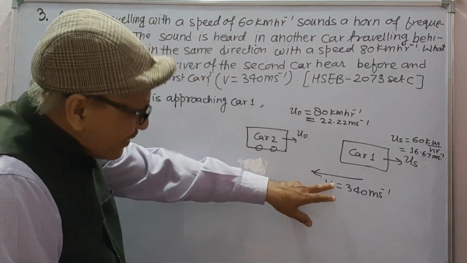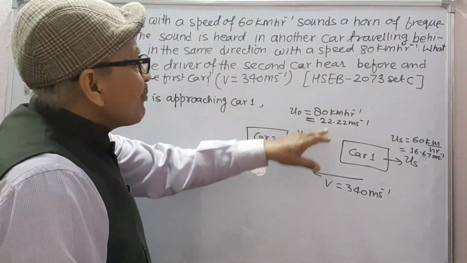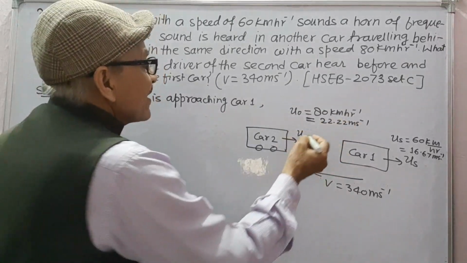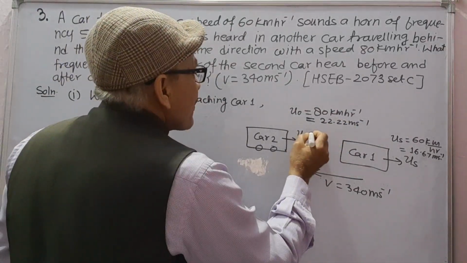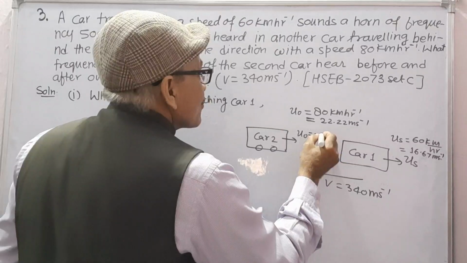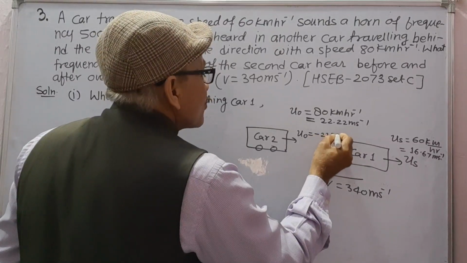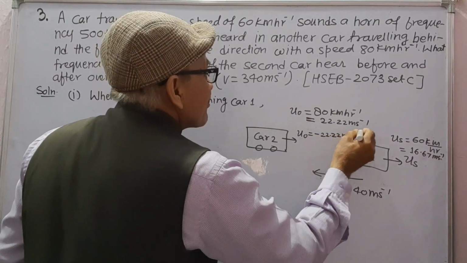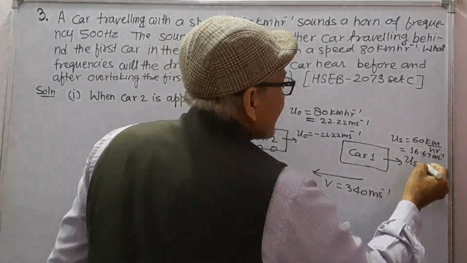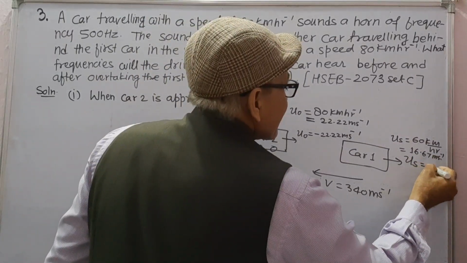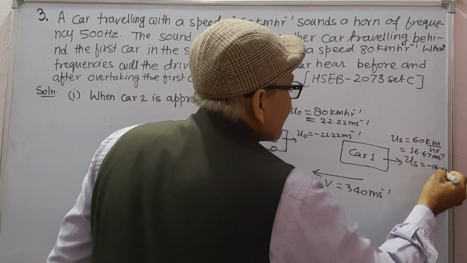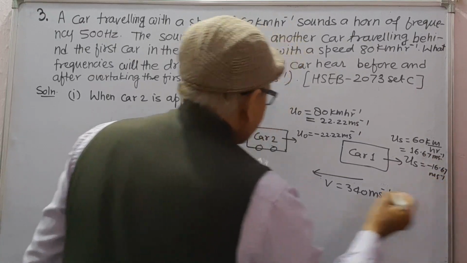With respect to the velocity of sound, both are in opposite directions, therefore UO will be minus 22.22 meter per second and US will be equal to minus 16.67 meter per second.